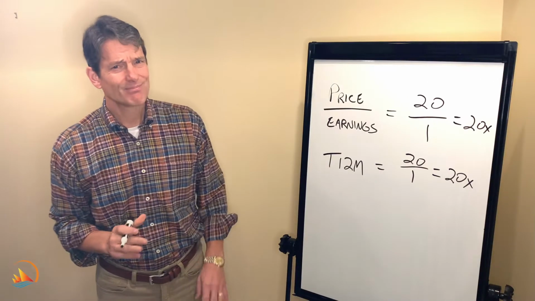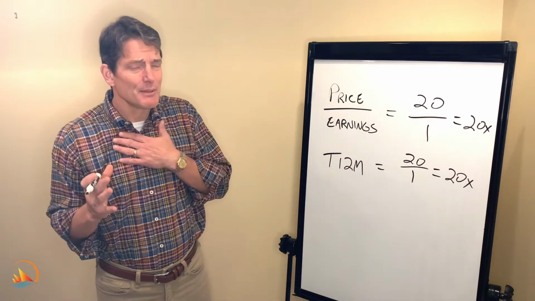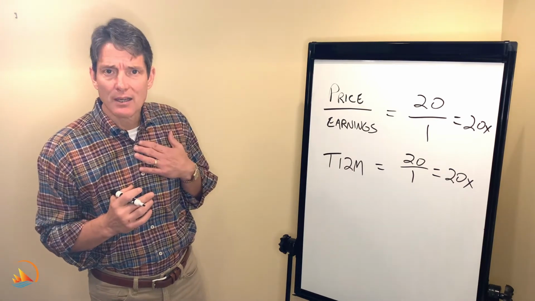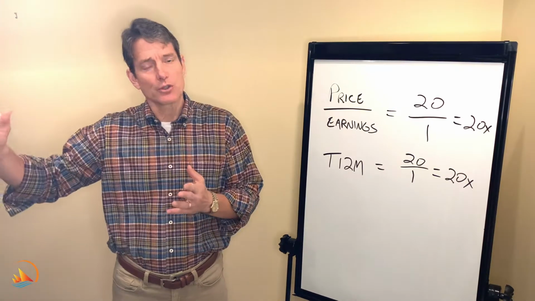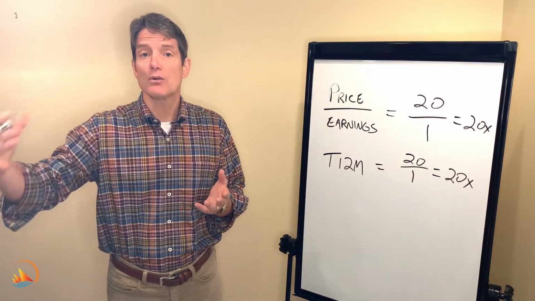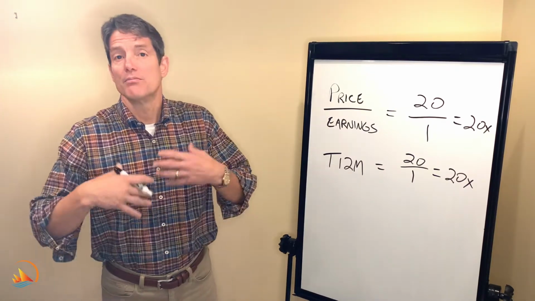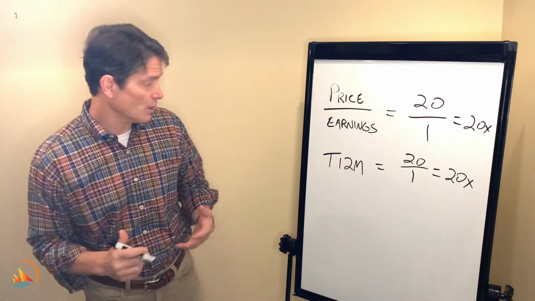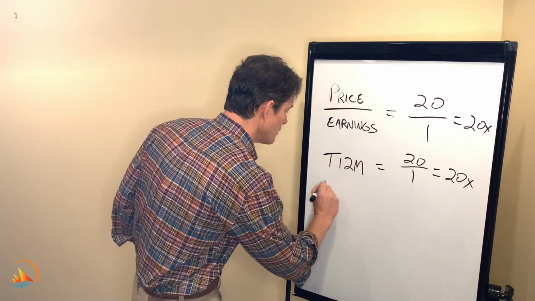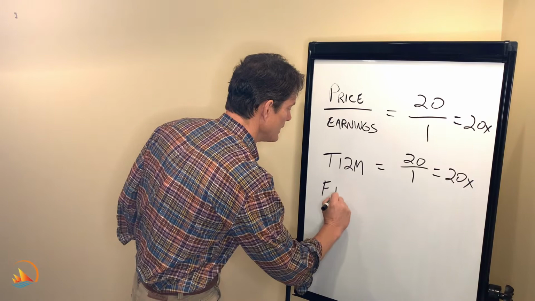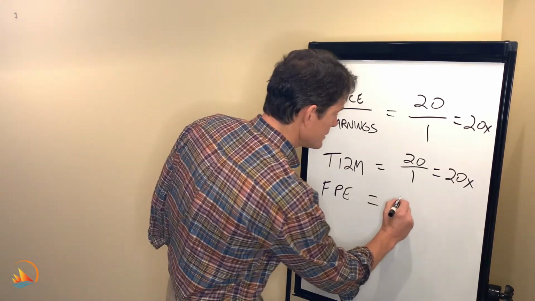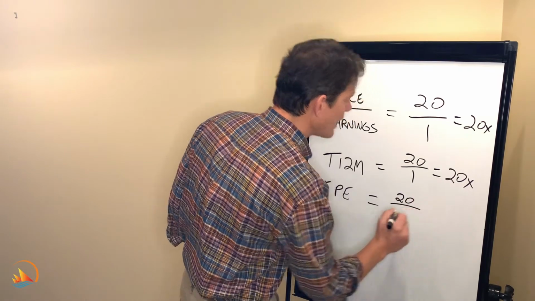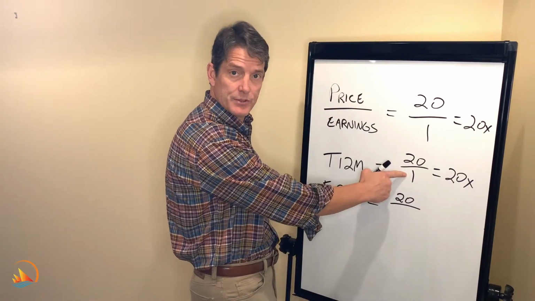All right? But people say, well, wait a minute, I don't buy a stock because of current earnings. I'm buying those future earnings, and I expect those earnings to grow. So a very common PE that is quoted is the so-called forward PE. What does that mean? Well, we know the price, it's $20, but it's not the last 12 months earnings.